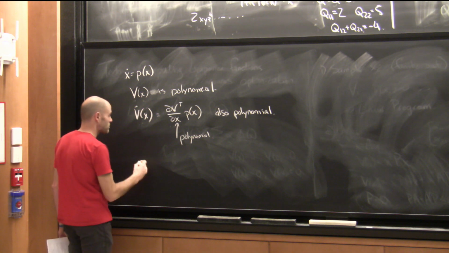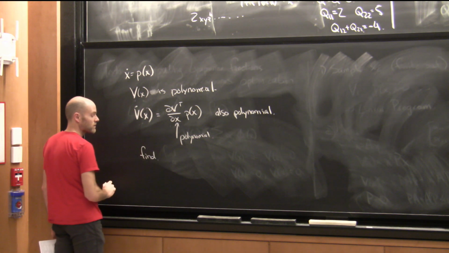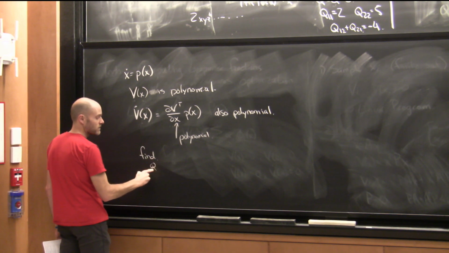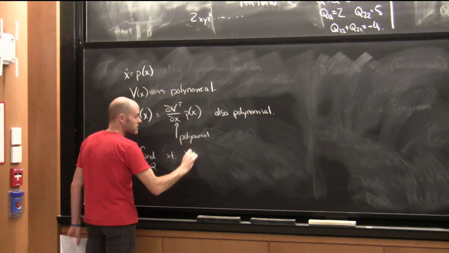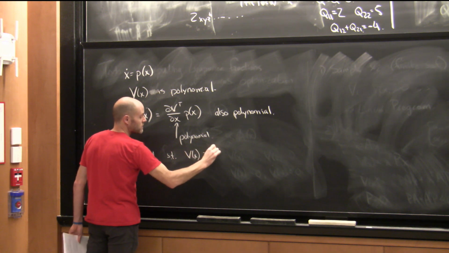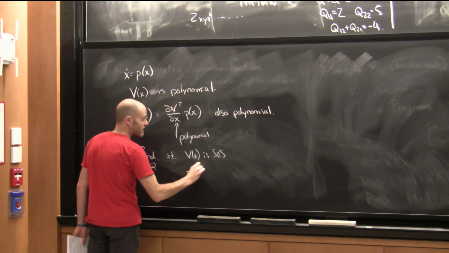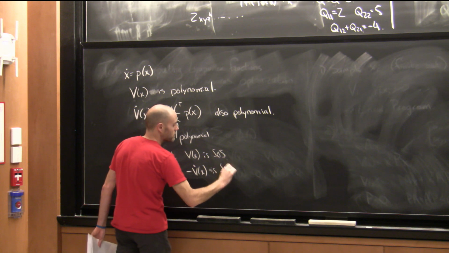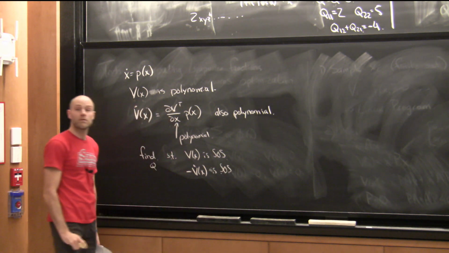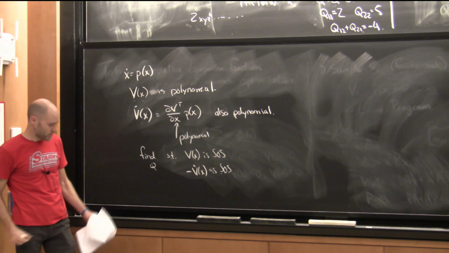A reasonable test would say, find me my hidden variables q, such that my v of x polynomial is sums of squares, and negative v dot of x is sums of squares. Okay.